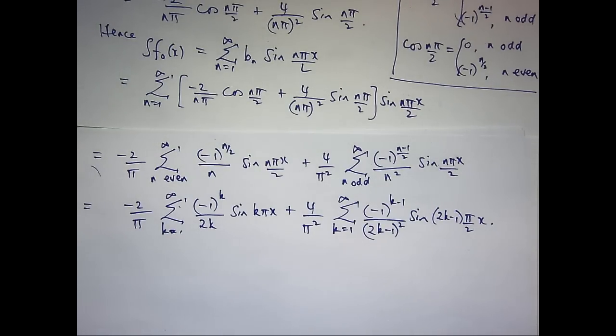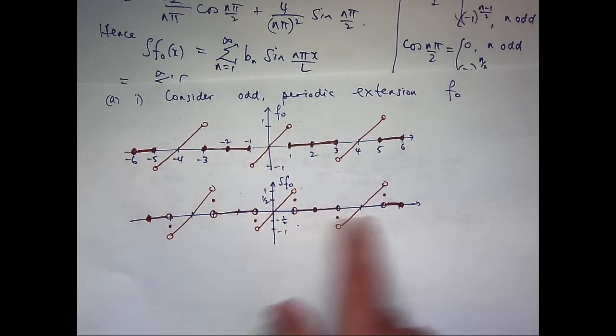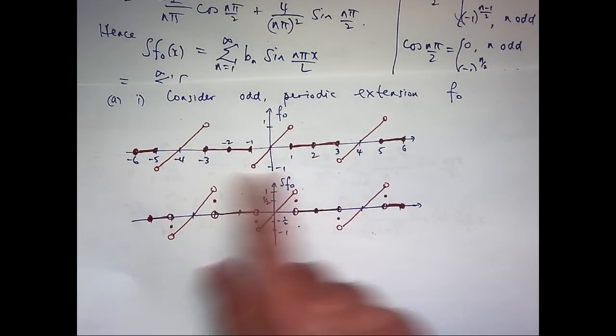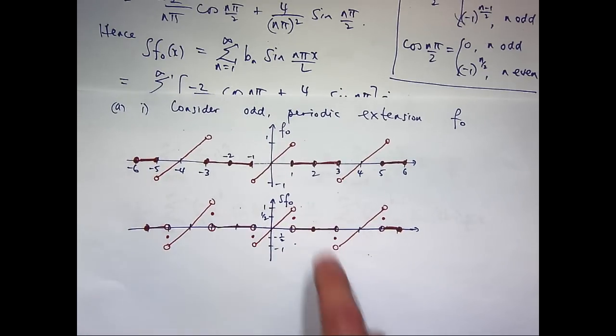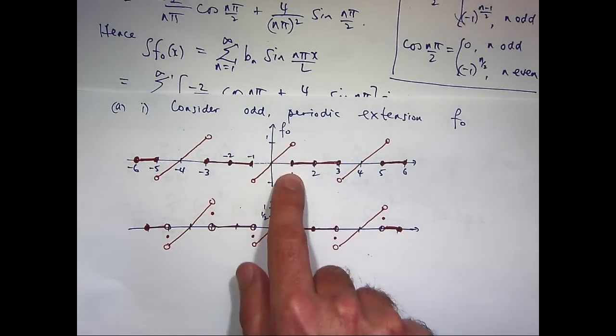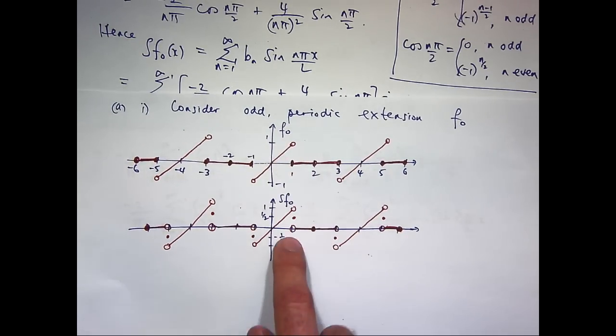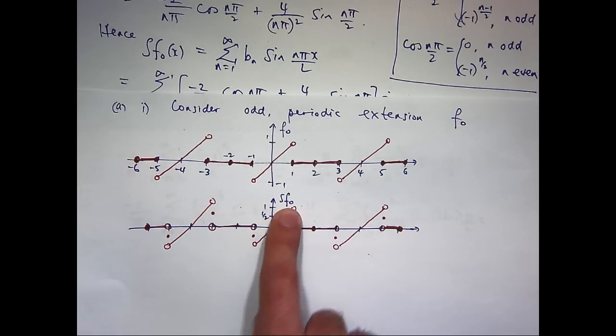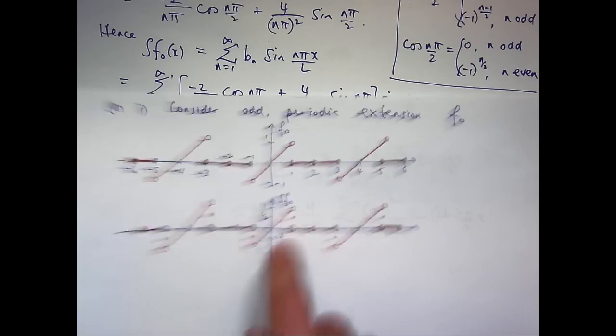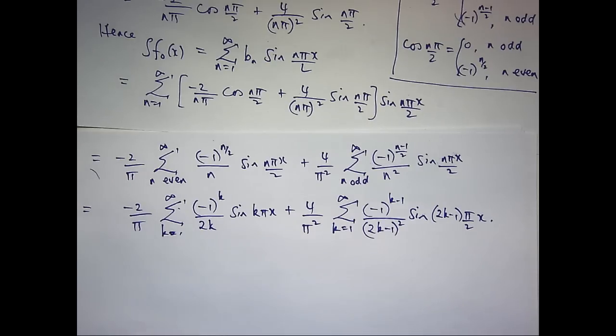And it just comes back to, let's look at the odd periodic extension at x equals 1. Okay? Well, we know that the value of the Fourier series at x equals 1 must equal 1/2. So what we can do is take what we've got, plug in x equals 1, and set it all equal to 1/2, and then simplify. Okay?